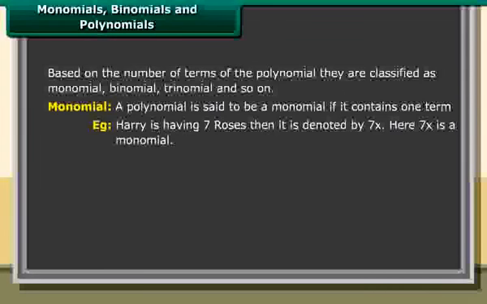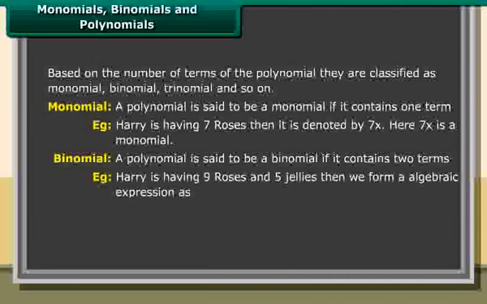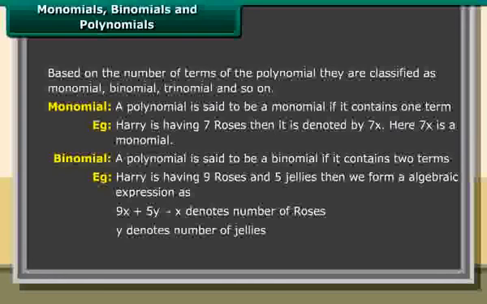Here, 7x is a monomial. Binomial. A polynomial is said to be a binomial if it contains 2 terms. Example, Harry is having 9 roses and 5 jellies. Then we form an algebraic expression as 9x plus 5y. X denotes the number of roses, y denotes the number of jellies.